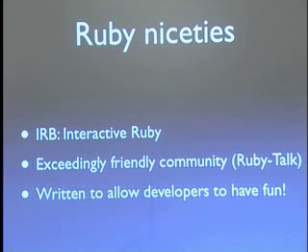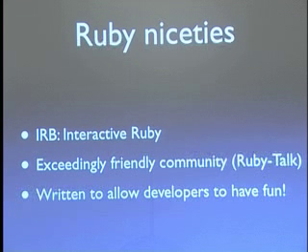Matz, that's the Japanese guy that did Ruby, hangs out on Ruby Talk and answers a bunch of questions all the time. This leads in total to a really friendly community that makes it so much more fun to be part of. And it also feels like there is a core community, whereas if a language is widely popular, there's going to be a ton of segments.